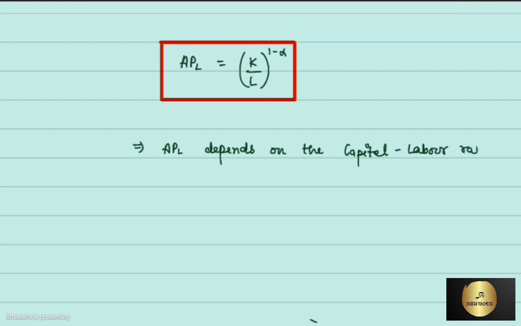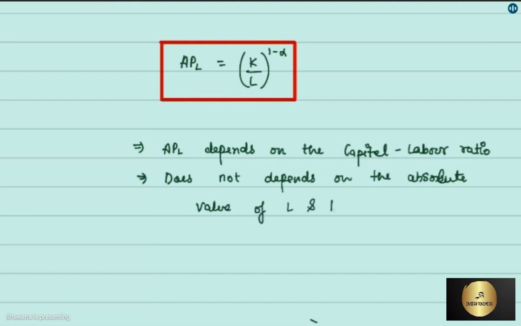It does not depend on the absolute value of labor and capital, while alpha is a constant.